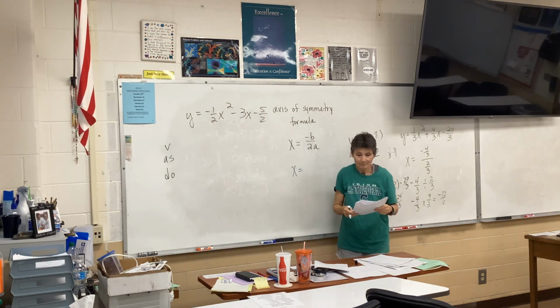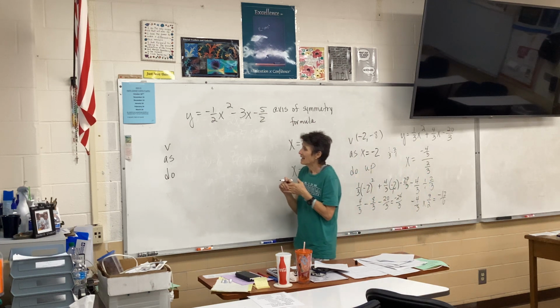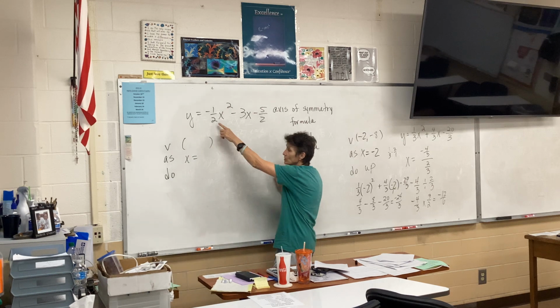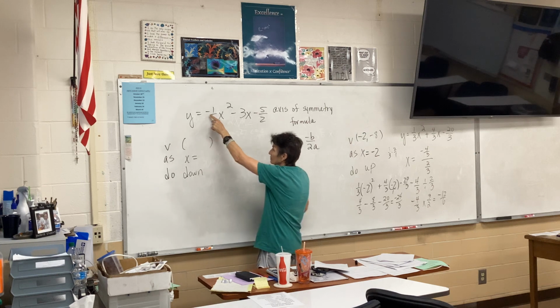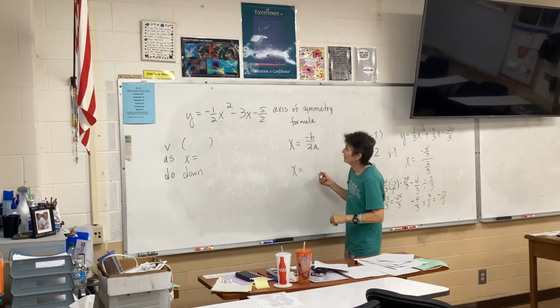One more. We're going to find the vertex, axis of symmetry, and direction of opening, which I know right away is down. Is that negative? Down. All right, here's my formula.